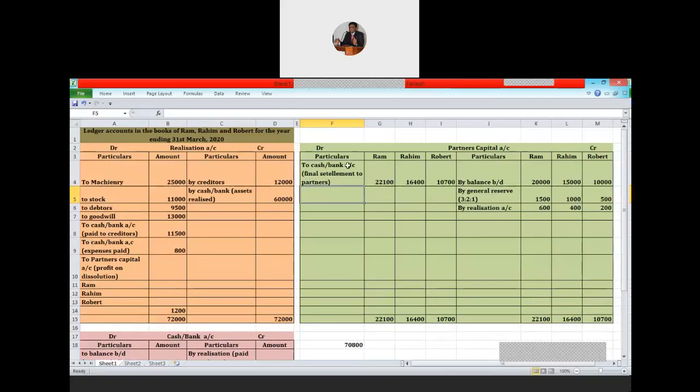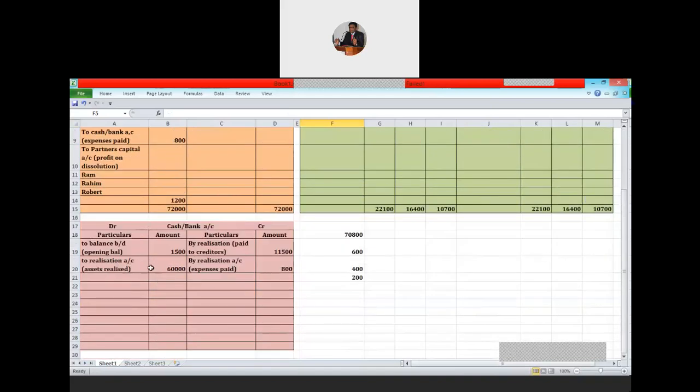The corresponding entry will appear in the cash account on the credit side, by partners capital account: Ram's share is 22,100, Robert's share is 16,400 and Rahim's settlement is 10,700.